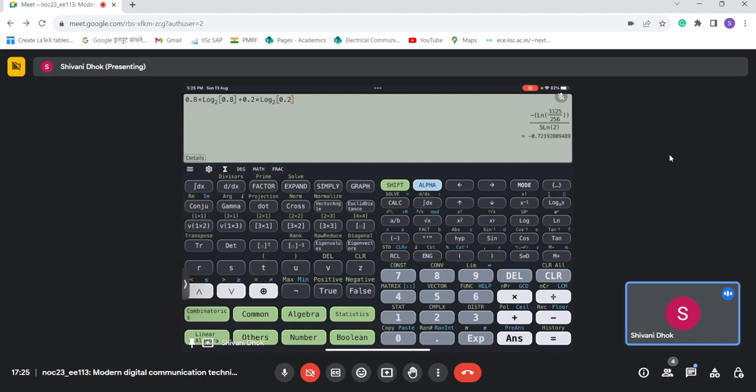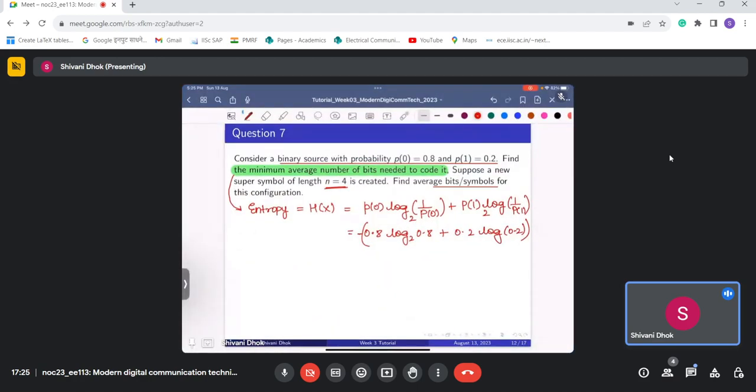So what we are having here is this value, and we need to multiply this entire thing by a minus sign. So this comes out to be this value here, that is 0.7219 bits.